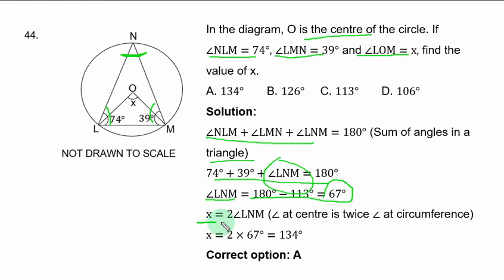Therefore, S is equal to 2 times angle LNM, that is 2 times 67 degrees, and that is 134. This is the reason why S is twice angle LNM. So A is the correct option.